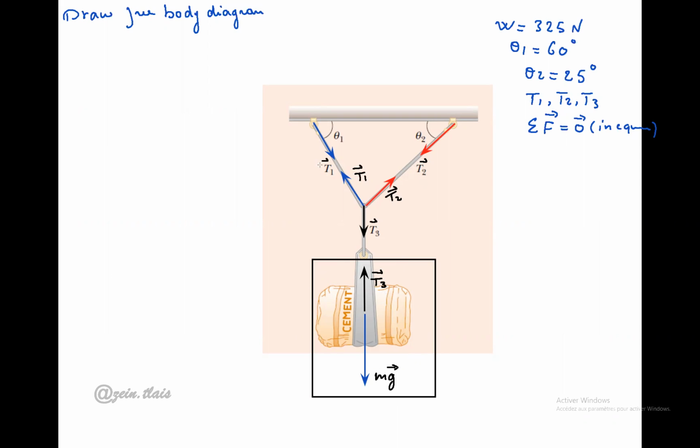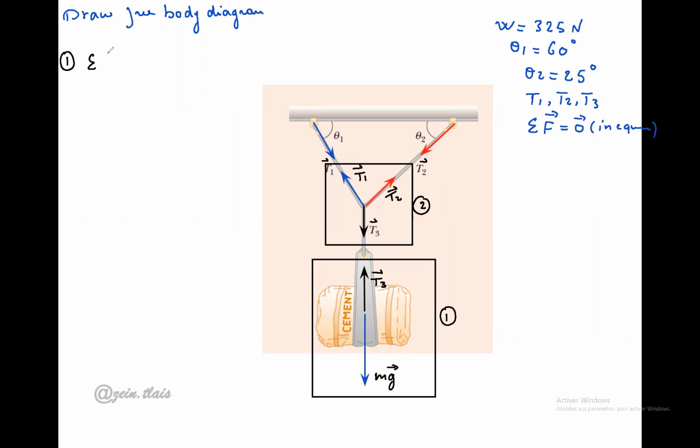After, we have a second system, this one. We have T3 down, and we have T1 and T2 with the components. Let's say here system 1 and here system 2. We begin with system 1.